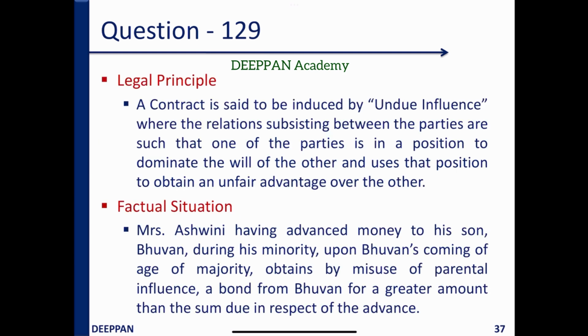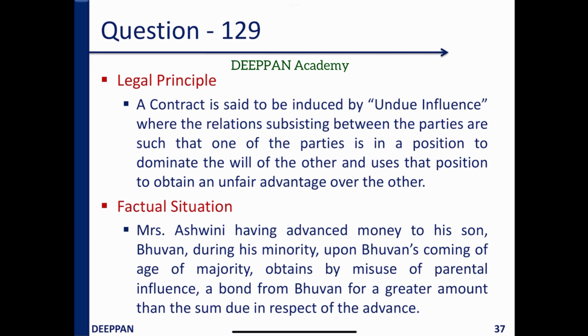Legal principle: a contract is said to be induced by undue influence where the relations subsisting between the parties are such that one of the parties is in a position to dominate the will of the other and uses that position to obtain an unfair advantage over the other.